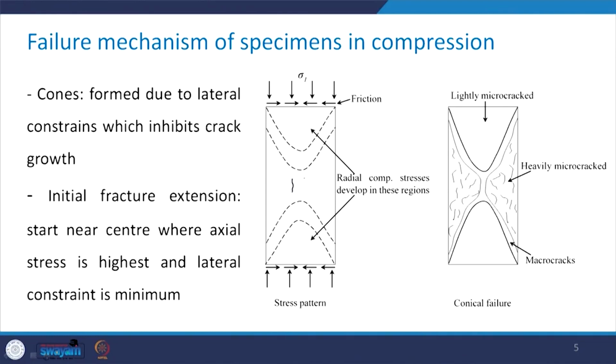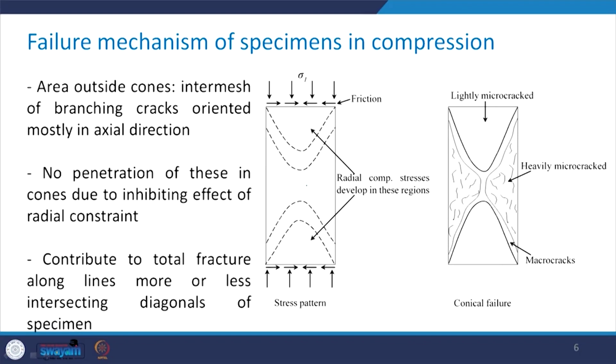So the initial fracture extension will start near the center, here near the center, because the axial stress is highest here and the lateral constraint is minimum.